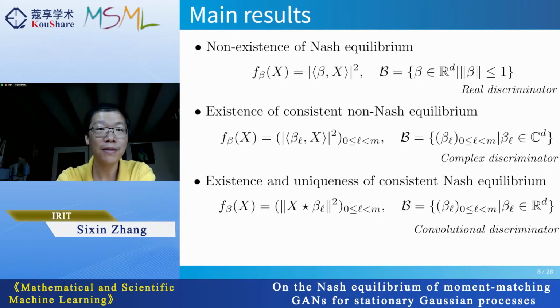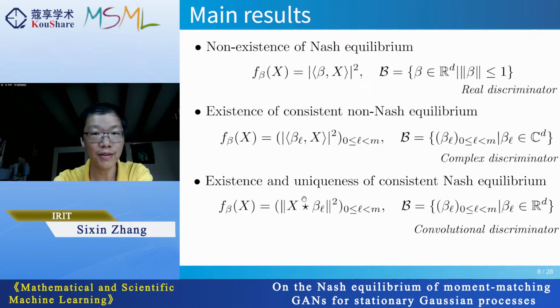So the main finding of this work is to show that across different discriminators, sometimes we can show there's no existence of Nash equilibrium. And we can also construct some consistent non-Nash equilibrium solutions in some cases.